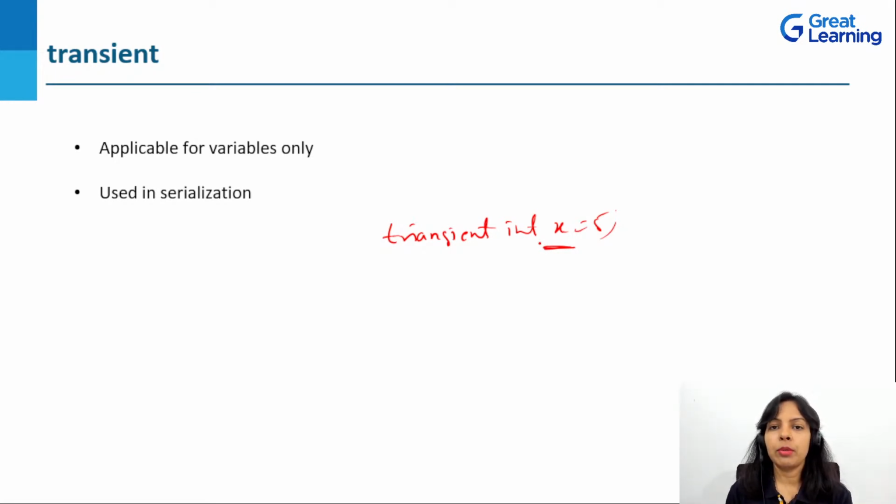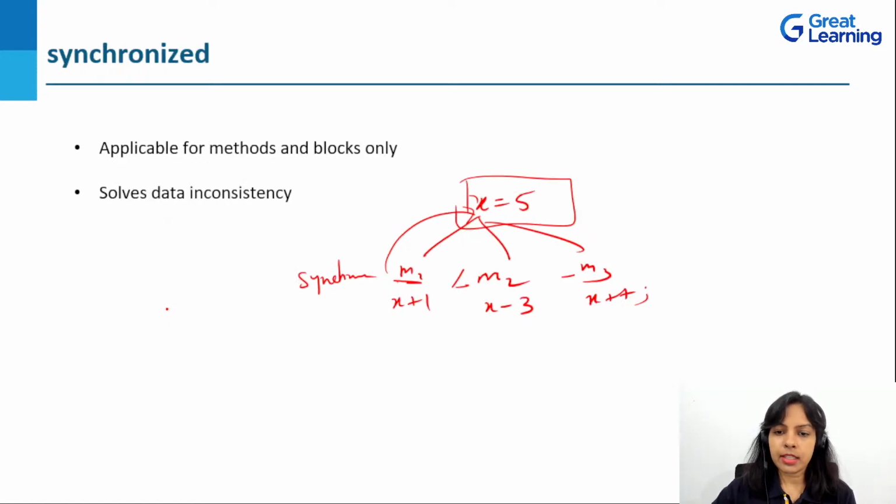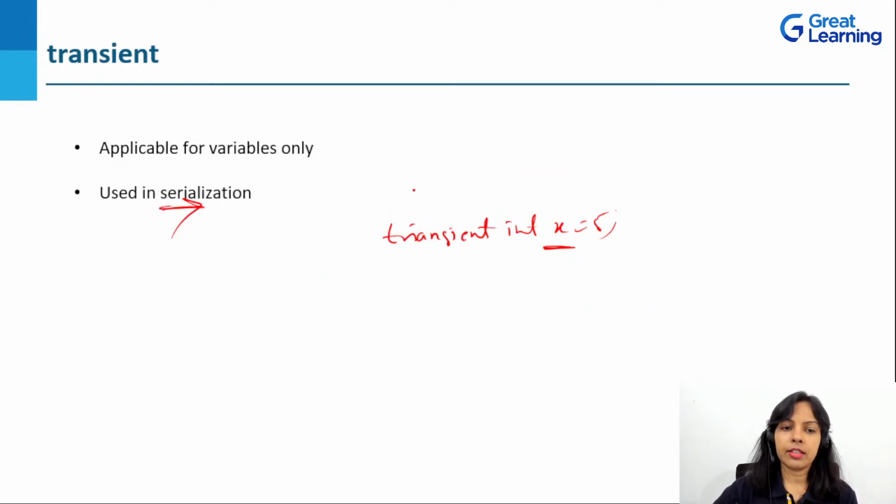There won't be a problem of inconsistency or some wrong accessing of the values or something like that. So this makes the whole task a serial execution. So in this same example, guys, same situation, but here, in place of making methods synchronized, I'm going to make the variable a transient. Okay.